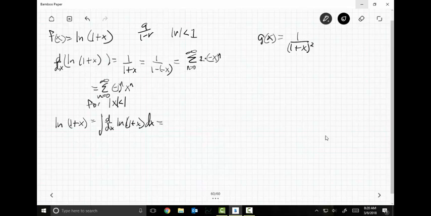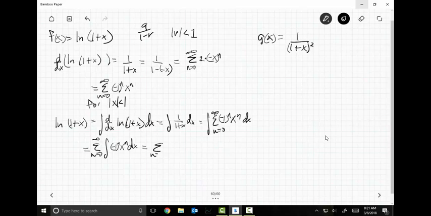Since this is the antiderivative of 1 over 1 plus x dx, it is equal to the antiderivative of the sum, as n goes from 0 to infinity, of negative 1 to the n, x to the n, and of course, don't forget your dx. Remember, the integral of the sum is the sum of the integrals. So this is equal to the sum, as n goes from 0 to infinity, of the integral of negative 1 to the n, x to the n, dx. And we're off to the races.